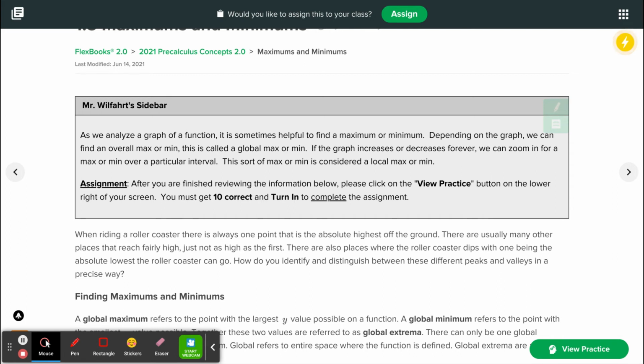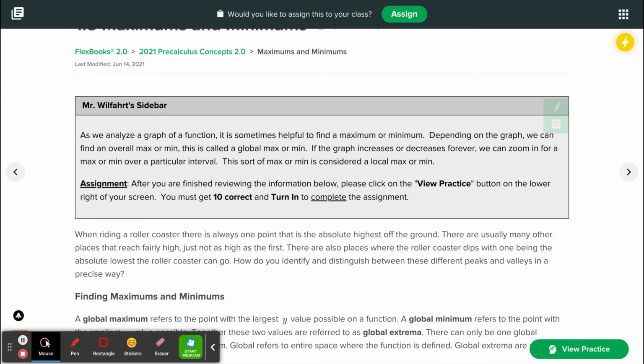These are called global maximums and minimums, global meaning that they're across the whole graph. We can also zoom in to a particular point and talk about a more localized maximum or minimum. And therefore, we talk about a local max or min or a global max or min.